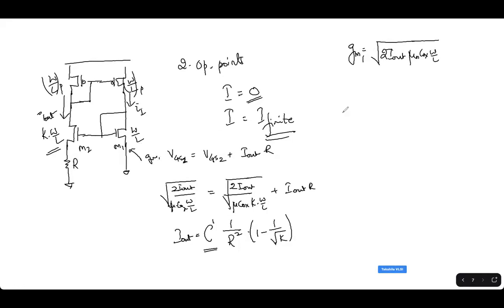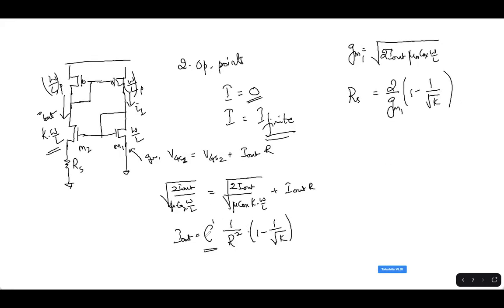Let me name it as GM1. I'm just putting the equation from my previous reference, because the derivation is going to take some time. It is going to be 2 by GM1 into 1 minus 1 by square root of K.